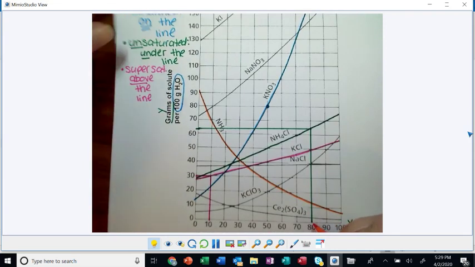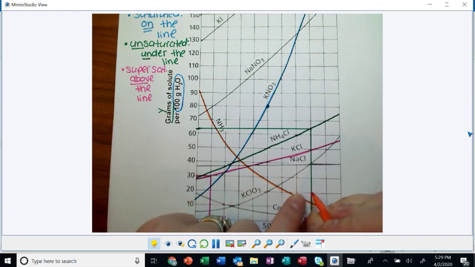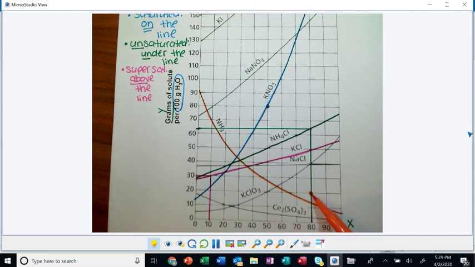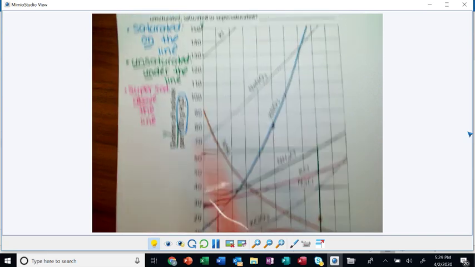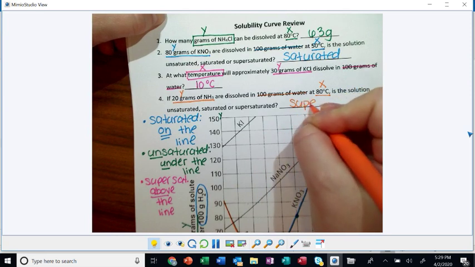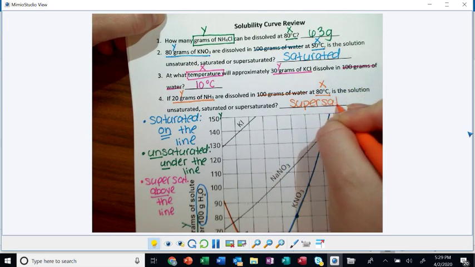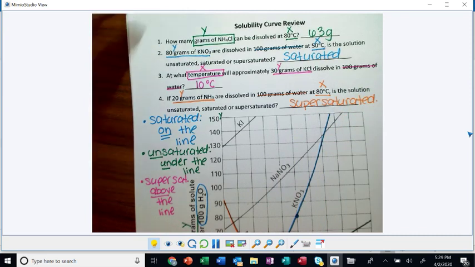So here's 80, I'm going to go up to 20 grams. Right? They meet right here. So there's my point. So my point is above the line. So again, if it's above the line, then it is supersaturated. And that's how we read solubility curves.